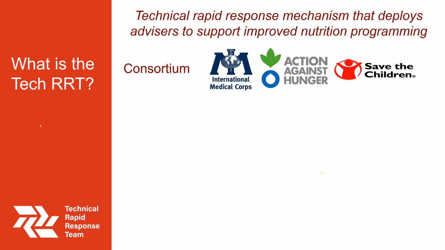We are a consortium that started out in August of 2015, so we've just completed 4 years of operations. We're led by International Medical Corps with Action Against Hunger and Save the Children as our very close consortium partners.